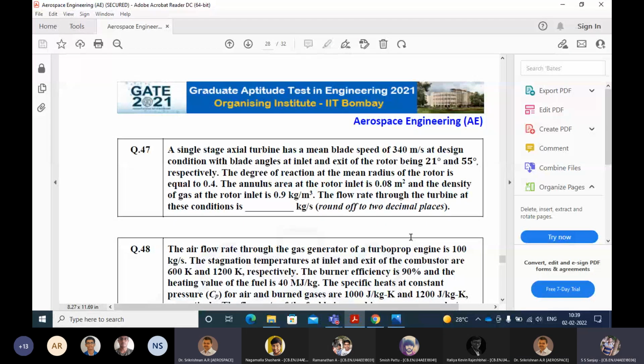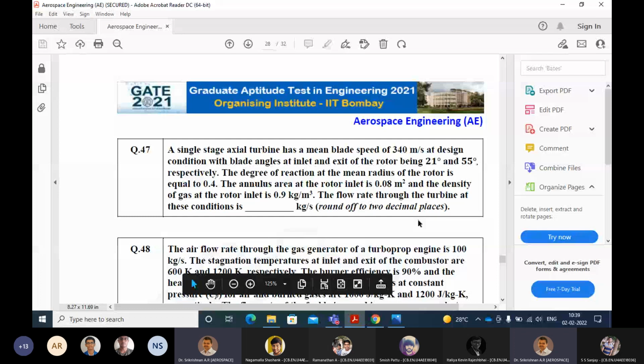And if the degree of reaction is 0, does that mean the rotor is not working? Degree of reaction 0 means there is no enthalpy change across the rotor. It's only the velocity which will change in that case. It's not common in gas turbines.